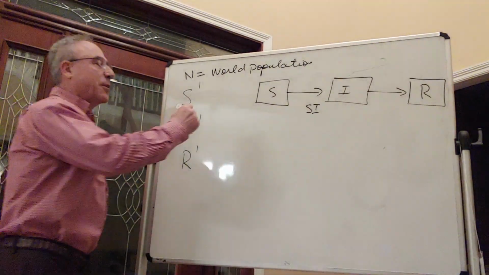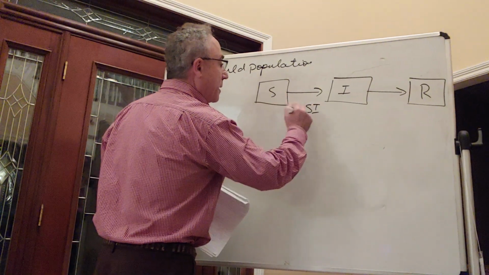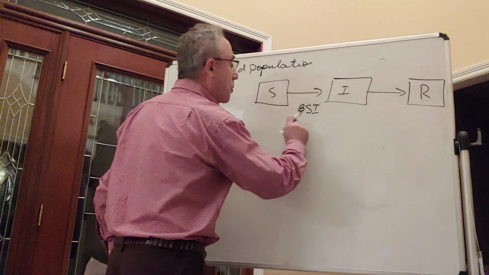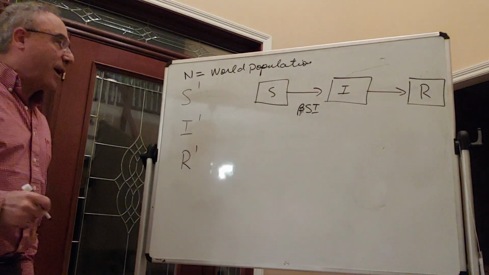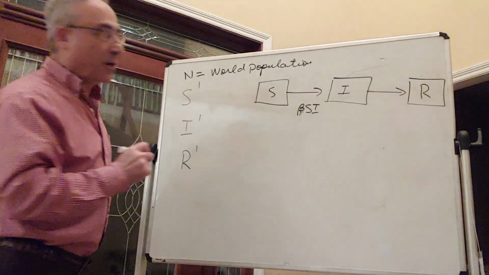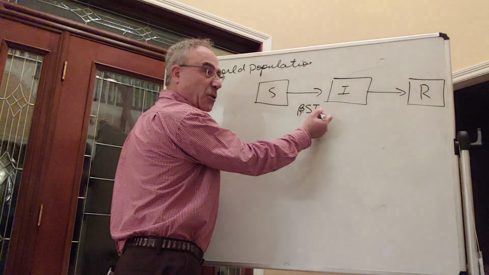And there is some parameter of infection which we're going to call beta. So beta is the rate of infection, like the infection constant. Now, remember, this is a population, so this will be population squared.